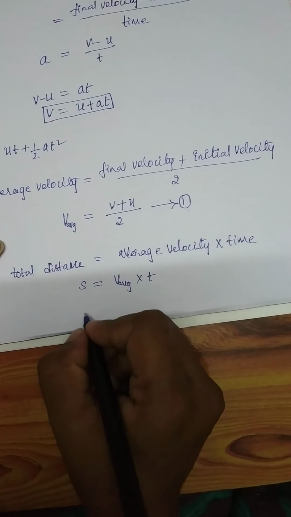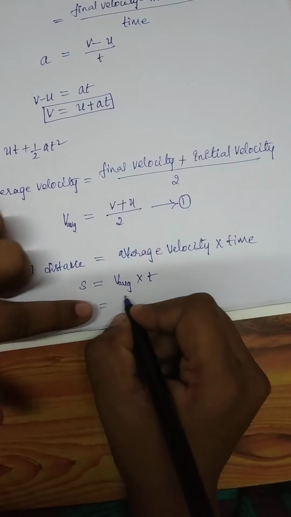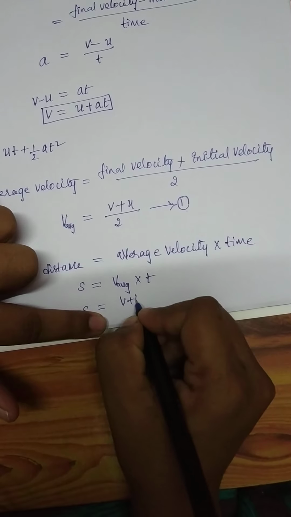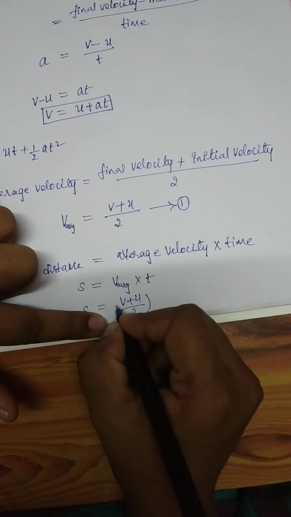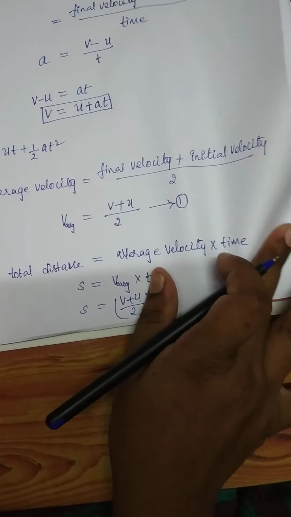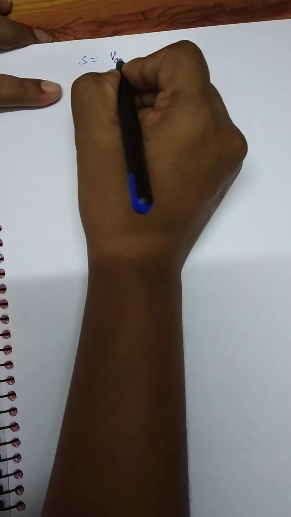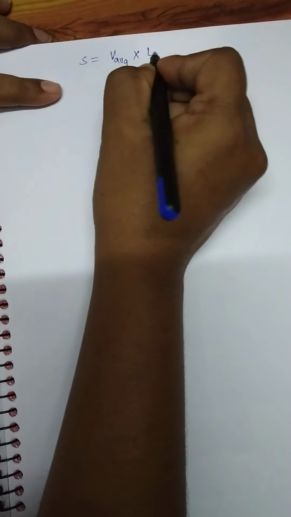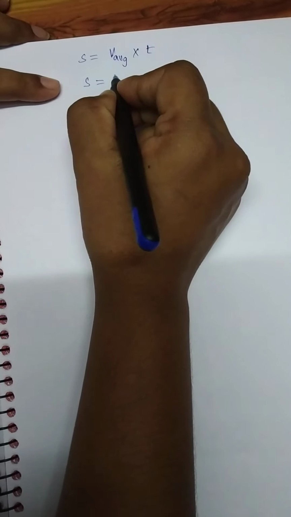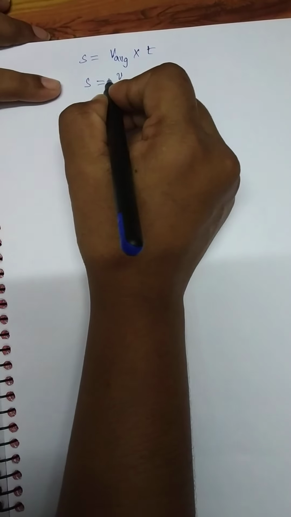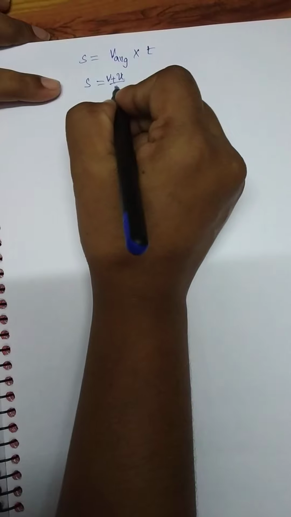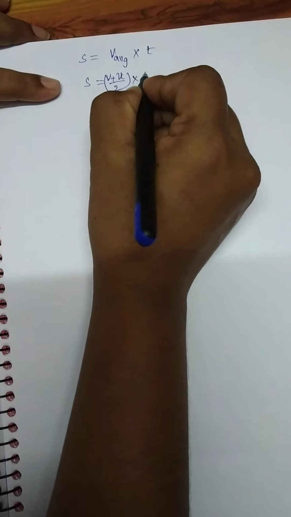Now substitute here: s is equal to v plus u by 2 into t.